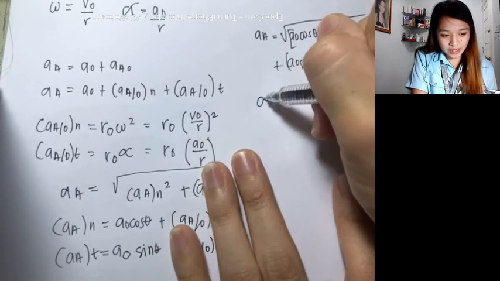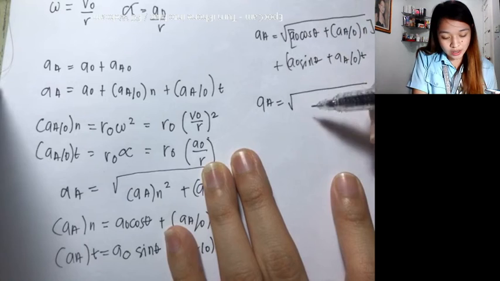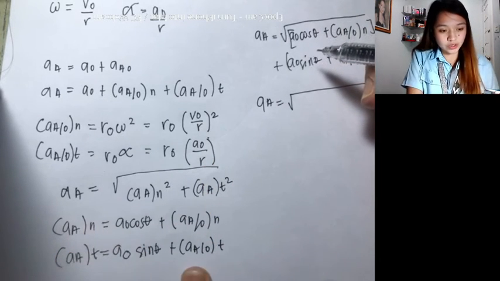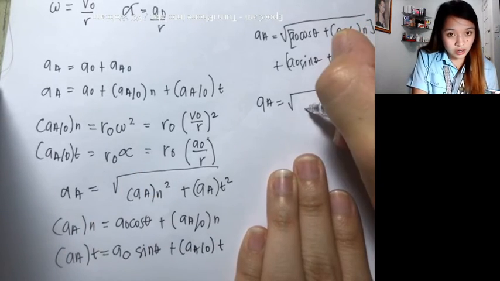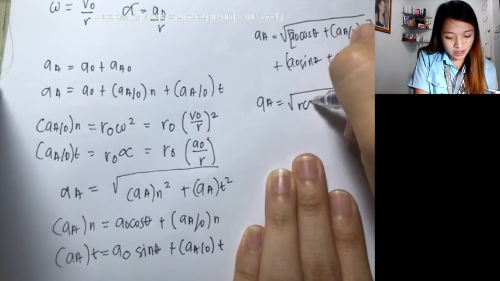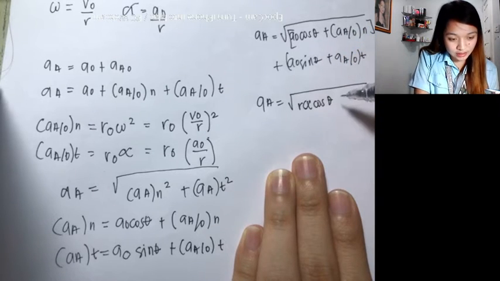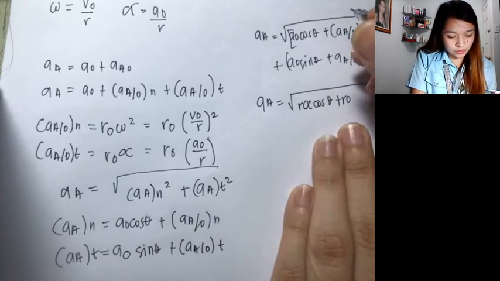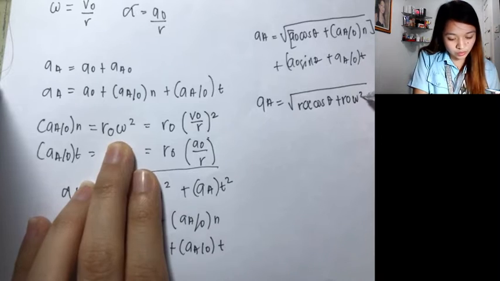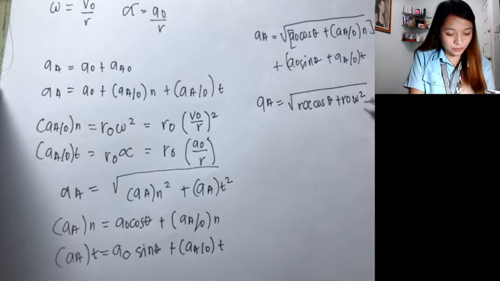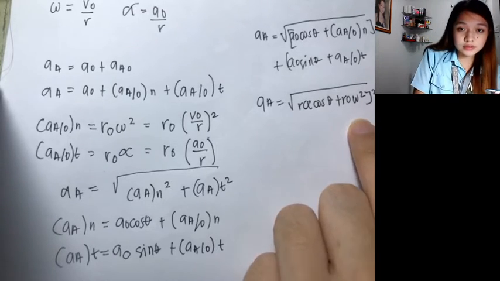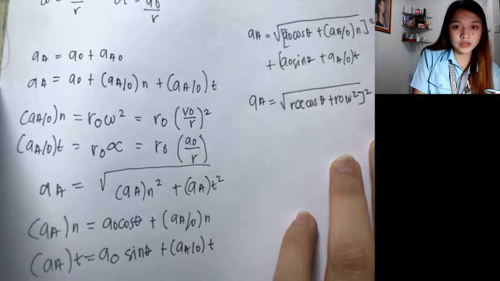We have A cosine is normal, so we can use R alpha cosine theta plus R AO normal is also equal to this one, R sub O angular squared, and this one is squared.